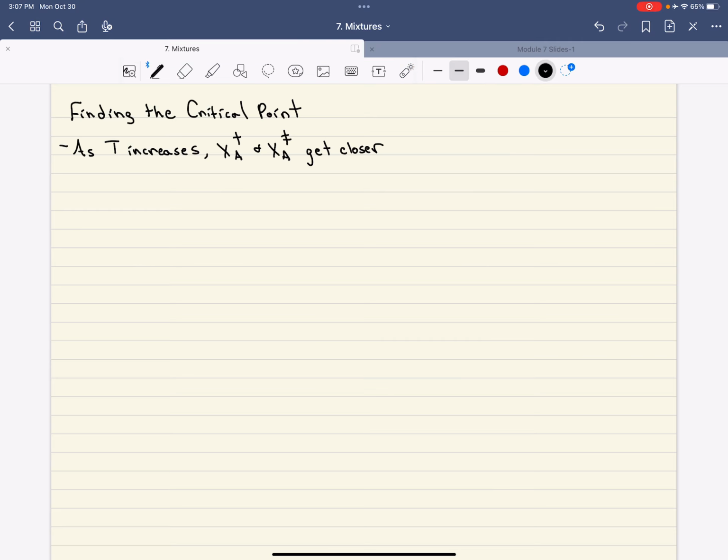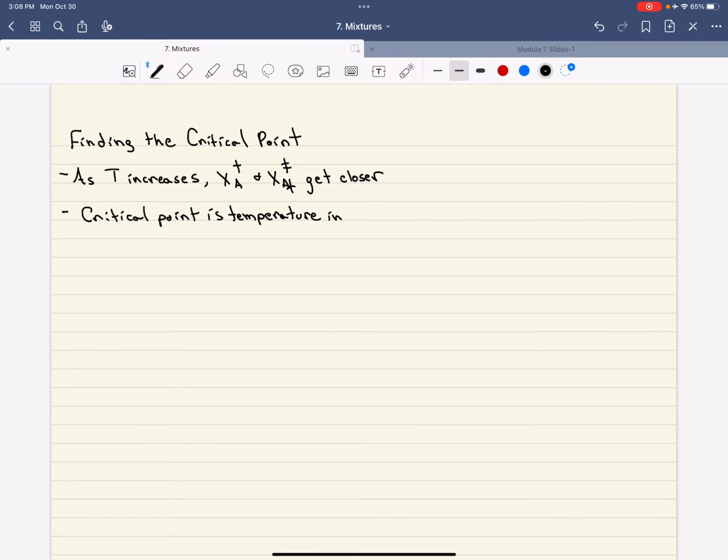The temperature at which XA dagger and XA double dagger are equal to one another, that's what we call the critical point. So the critical point is the temperature at which XA dagger is equal to XA double dagger.